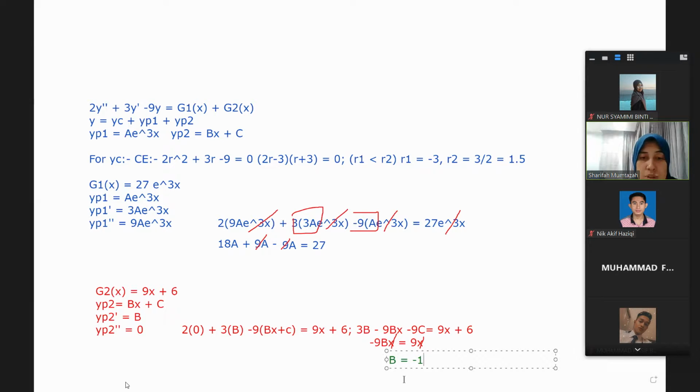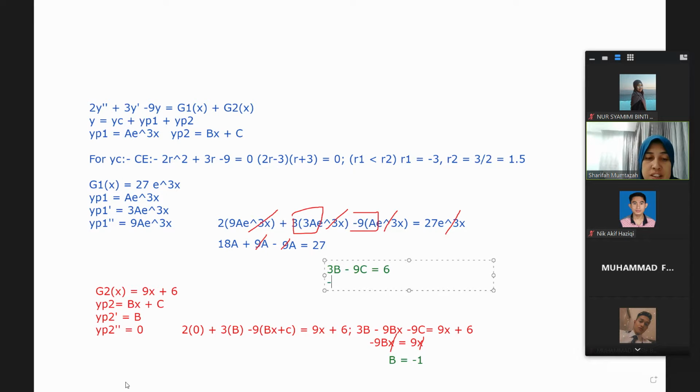So now let's substitute for the other one. We take 3B minus 9c equivalent to 6. B just now is equivalent to negative 1, right?